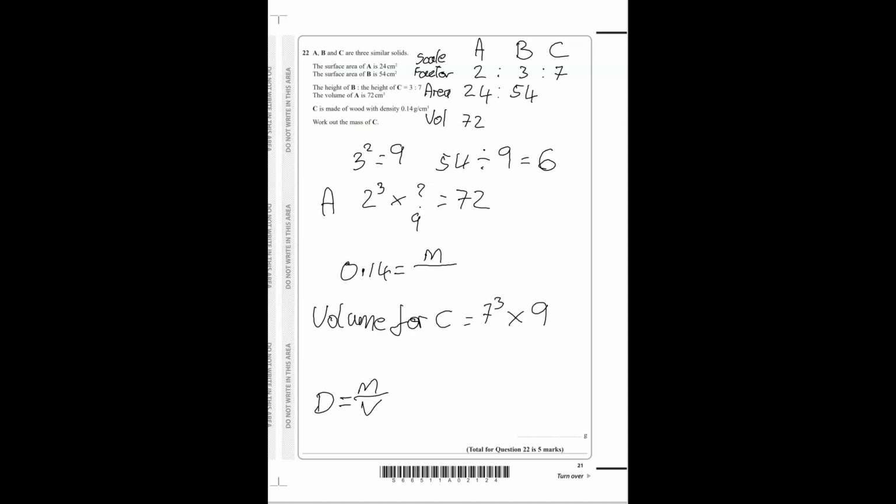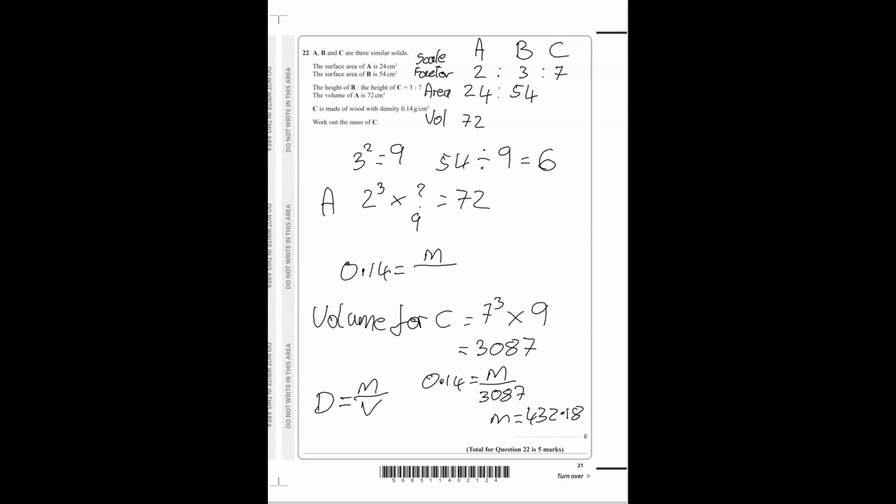I've used the volume factor, which gives 3087. So to get my mass, I'm going to do 0.14 is equal to mass over 3087. So mass is those two multiplied together, which is 432.18.